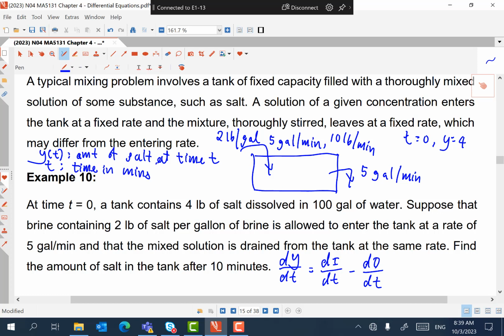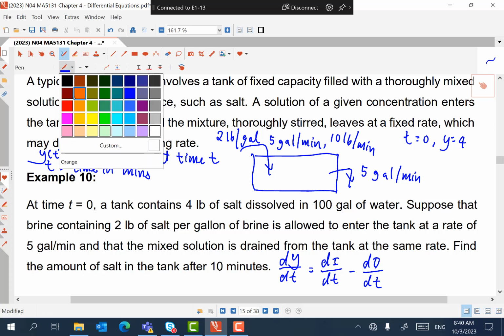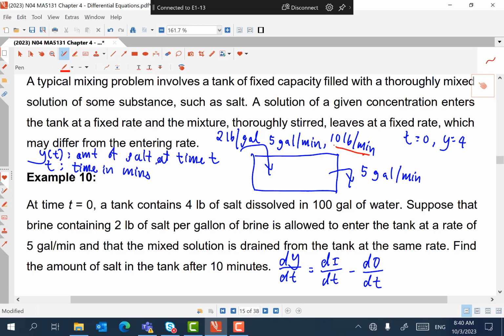If I ask you what's the incremental rate of y, you will say it is 10 pounds per minute, because our discussion earlier yielded this finding that every minute 10 pounds of salt is pumped in. So the incremental rate is easy.